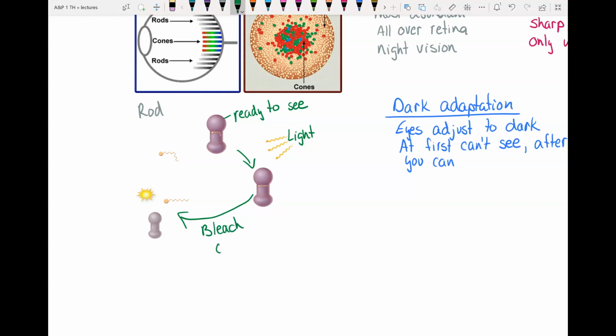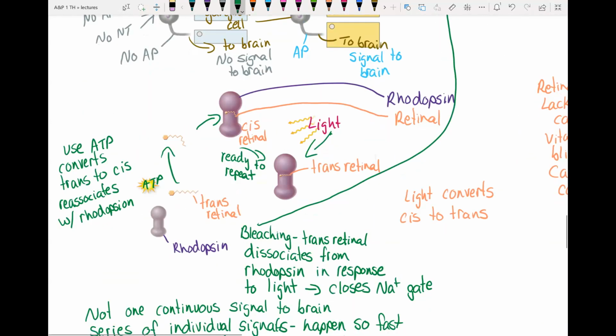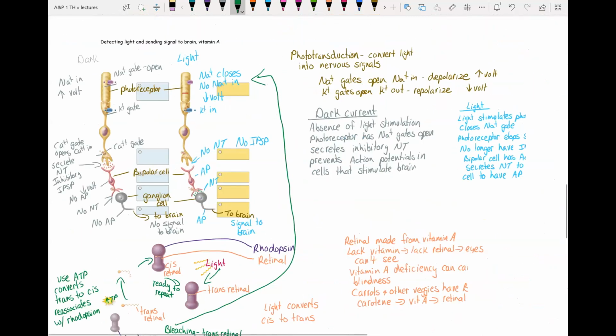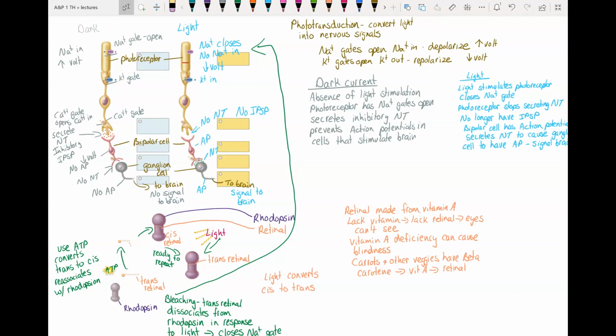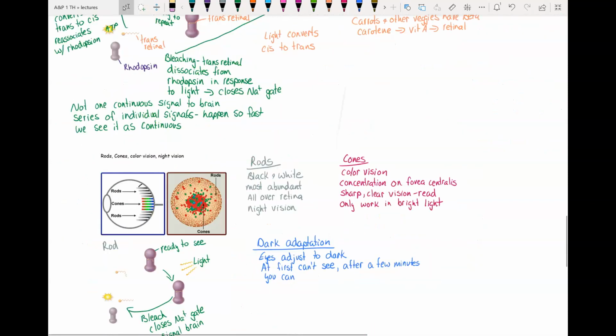And bleaching is what closes the sodium gate. And when you close the sodium gate, you signal the brain. Right, so remember we just talked about that up here. When the sodium gate closes during the bleaching, that is when the photoreceptor stops secreting inhibitory neurotransmitter, so then the bipolar and ganglion cells can have their action potentials and they signal the brain.